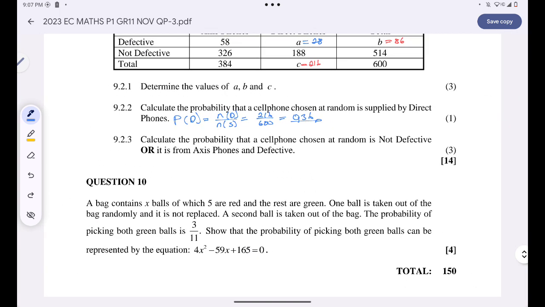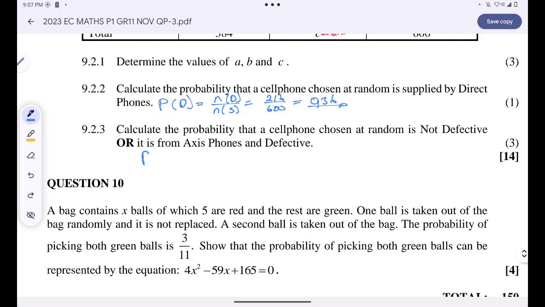9.2.3, I'm supposed to calculate the probability that a cell phone chosen at random is not defective, or it is from Axis Phones and it is defective. I'm supposed to find the probability that the phone is not defective, or means plus, or the phone was supplied from Axis Phones and the phone is defective.